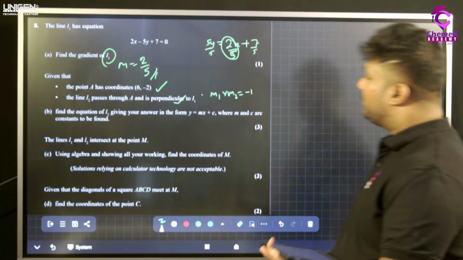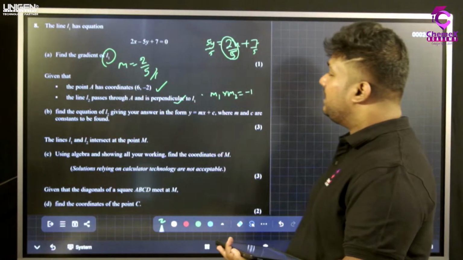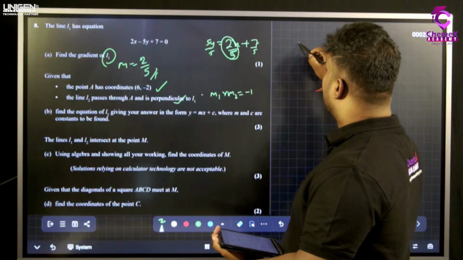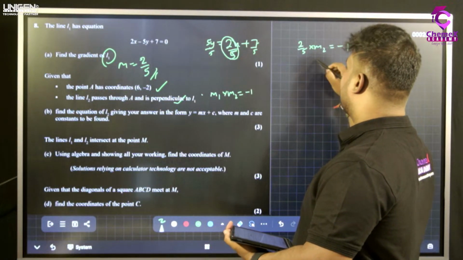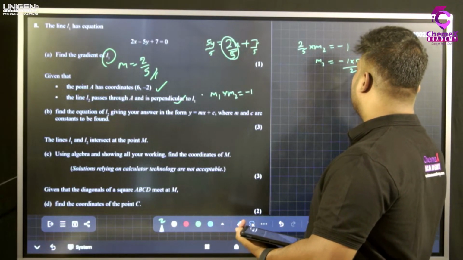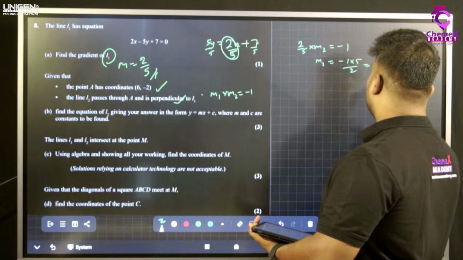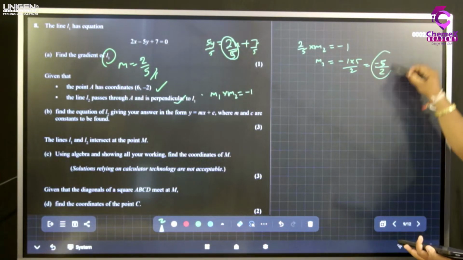If it's perpendicular, what's the gradient of L2? M1 into M2 equals minus 1. 2 over 5 times M2 equals minus 1. So M2 is minus 1 times 5 divided by 2, which is minus 5 over 2. Did you understand? So that's the L2 gradient.